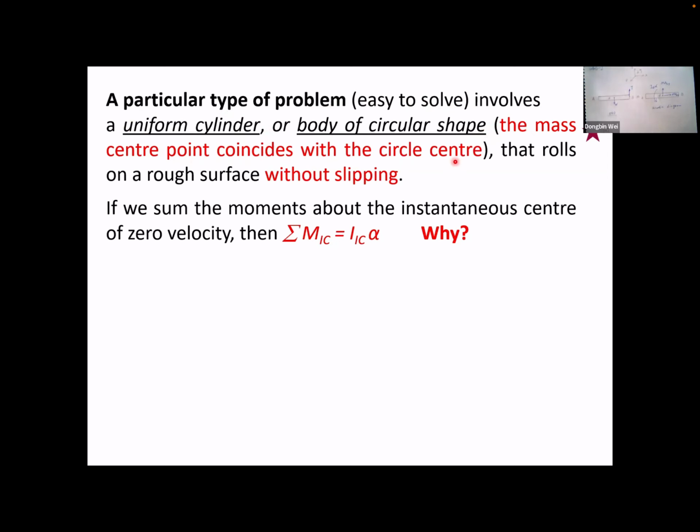And this is a problem of rolling without slip. If it's a rolling without slip problem, when we calculate the rotational component in the equation of motion, we may select the instantaneous center of zero velocity, and then we can get an equation like this. But why? Have a look.